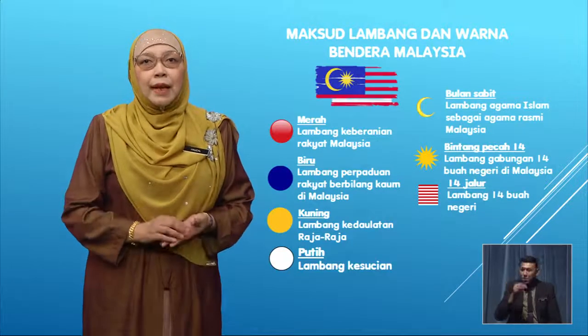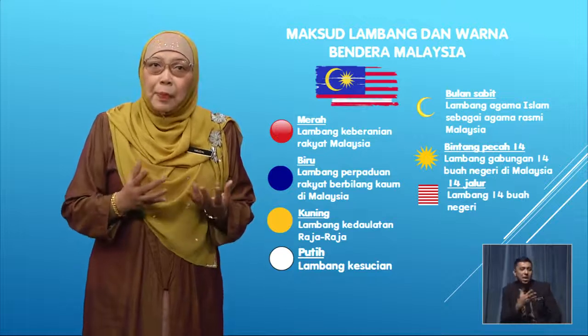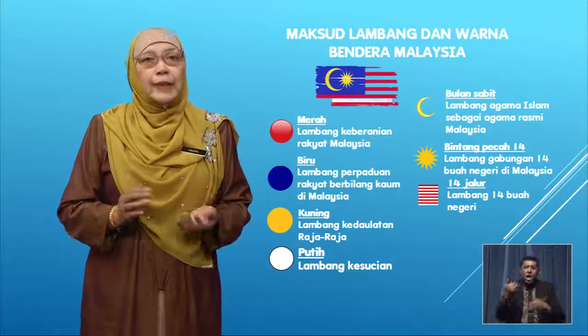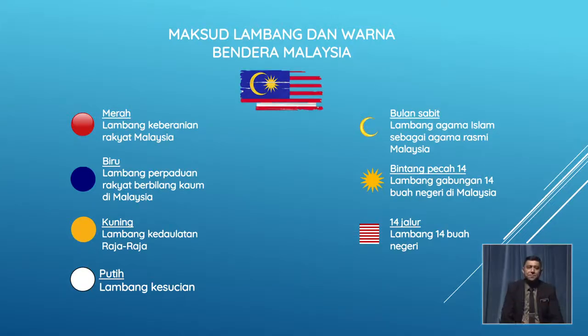Tahukah murid-murid, setiap warna dan lambang yang ada dalam bendera Malaysia mempunyai maksud tersendiri. Warna merah melambangkan keberanian rakyat Malaysia. Warna biru melambangkan perpaduan rakyat berbilang kaum di Malaysia. Warna kuning pula melambangkan kedaulatan raja-raja.